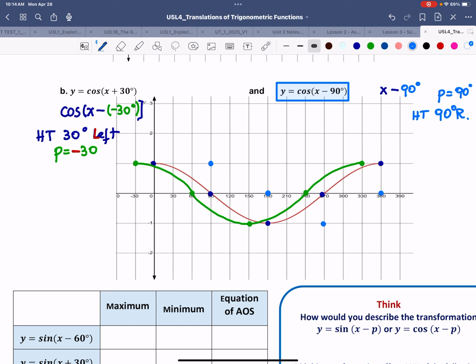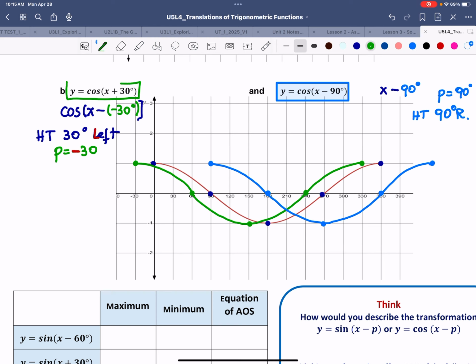The last one will also be 90 degrees to the right, which seems to be a little bit off the grid, but I'm just going to estimate it in this case. Connect the dots, and voila, this would be the graph of cosine of x minus 90.